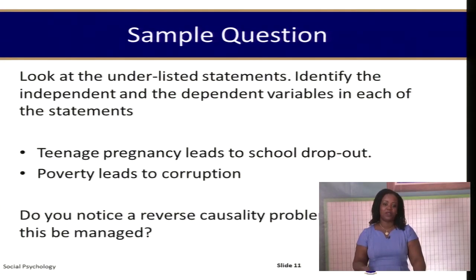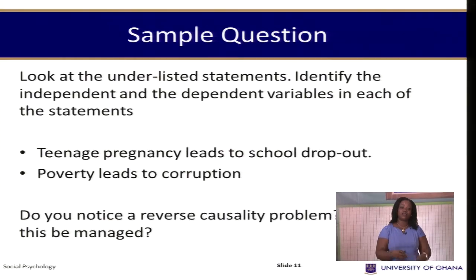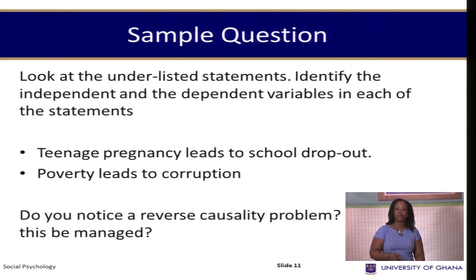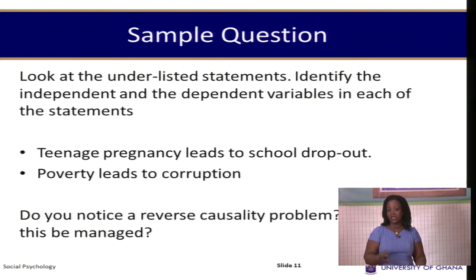So I've just provided a few examples. Try to determine which of them is the dependent variable, which is the independent variable, and see if there is any correlation between them. Teenage pregnancy, school dropout, poverty, and corruption. Are they correlated in any way?